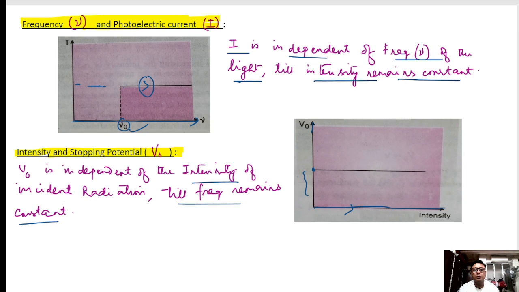So V0 is independent of the intensity of the incident radiation, till frequency remains constant. Please note this. Okay. So stopping potential is independent of the intensity of the incident radiation.